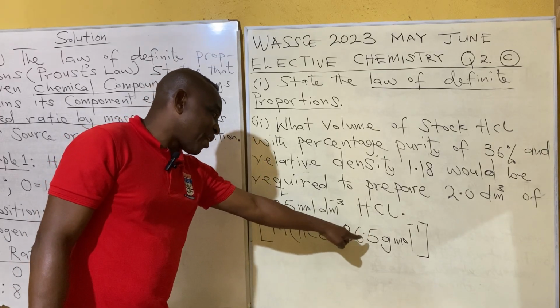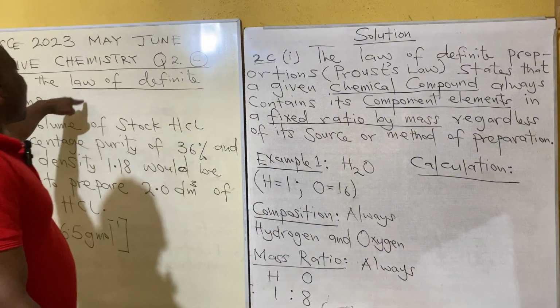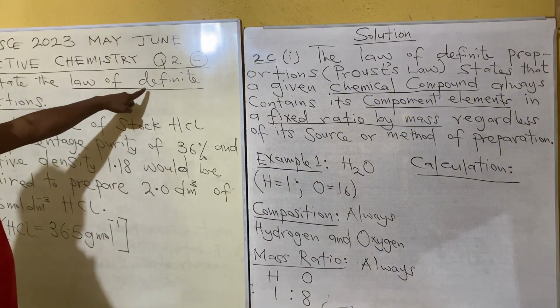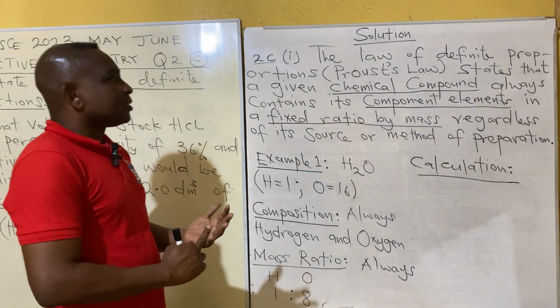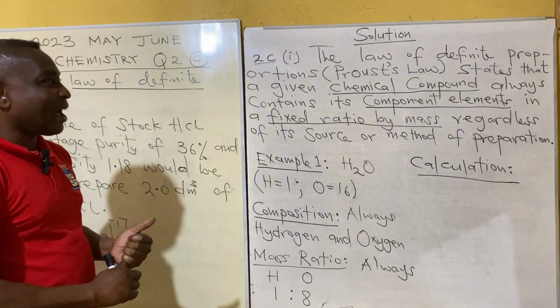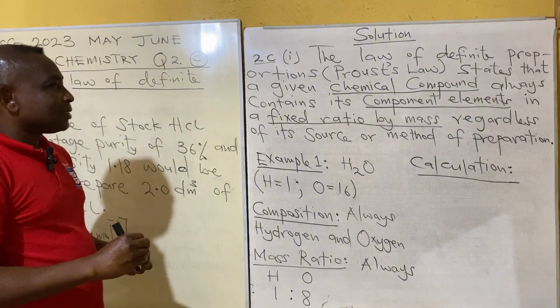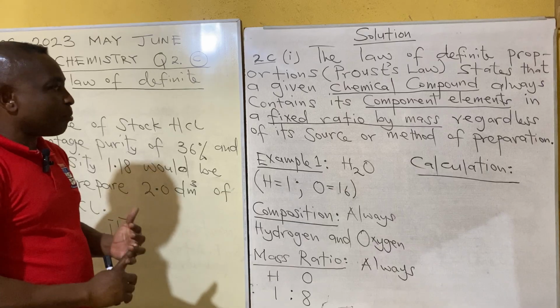36.5 g/mol. Part I of the question says that we should state the law of definite proportions. Definitions and laws have to be memorized and stated the way they are, but make sure that you always understand thoroughly anything that you commit to memory.